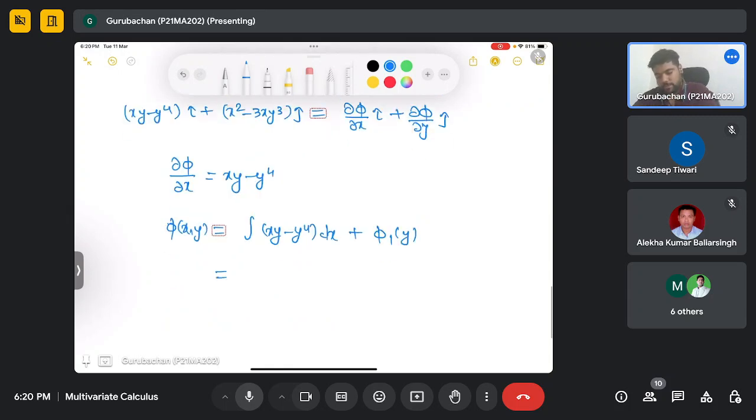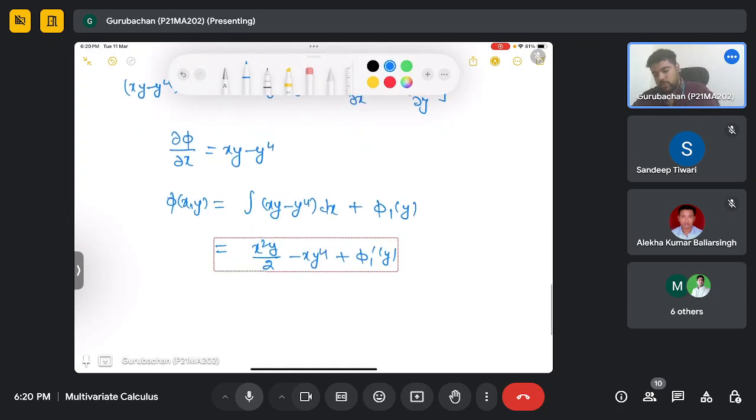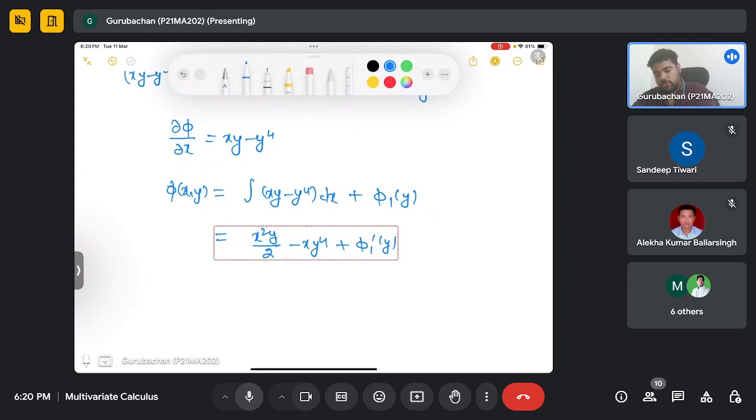So from here we will get x square y by 2 minus xy to the power 4 plus phi 1 of y. Next task is to calculate this phi 1 of y. So differentiate with respect to y both sides, and we will get x square by 2 minus 4xy cube plus phi 1 derivative of y.